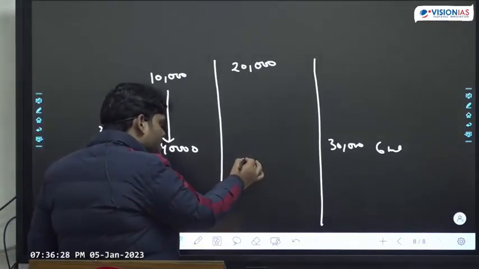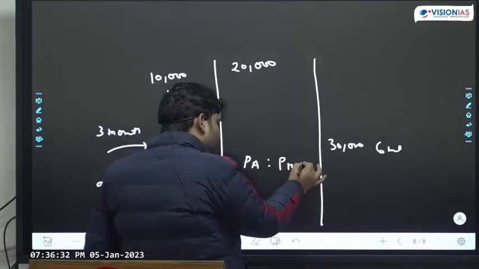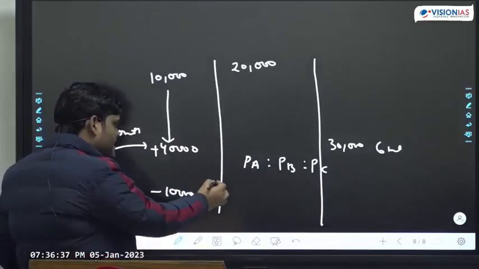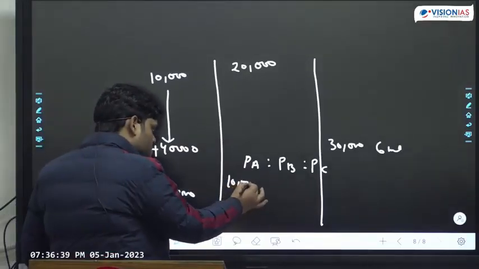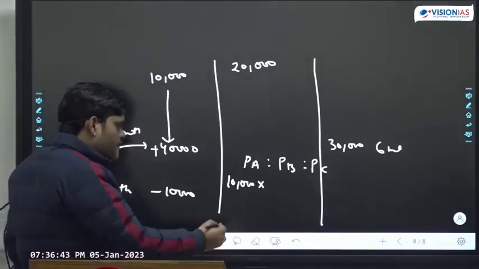So first, the ratio of profit of A, B and C. For A, it is 10,000 into 3 months.